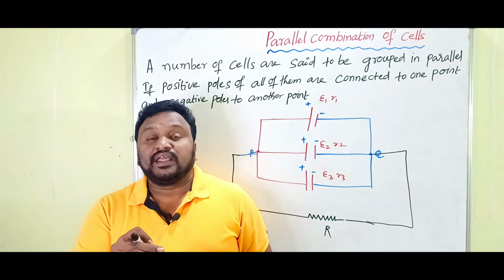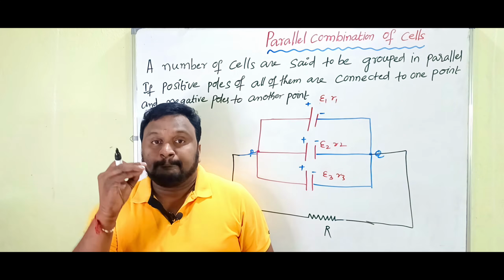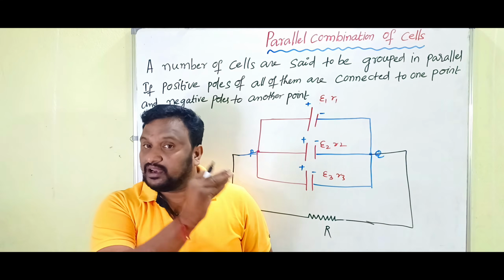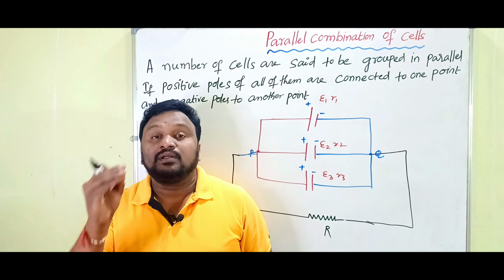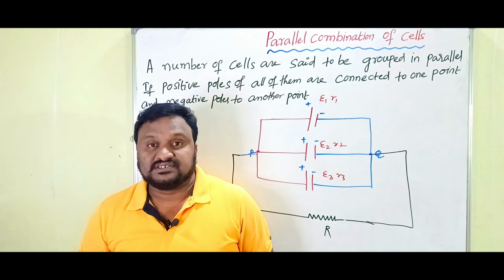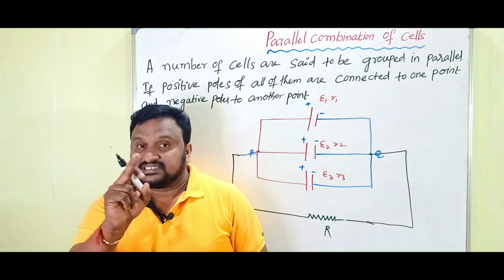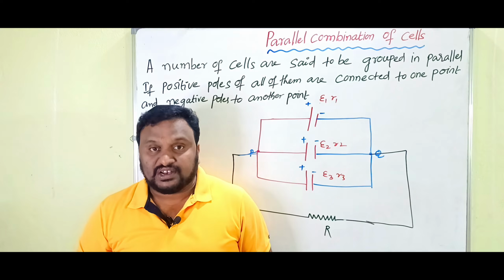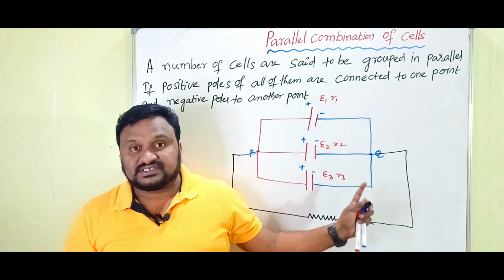That's why, if external resistance is less, we can prefer parallel combination. If external resistance is more, we can prefer series combination of cells. I already uploaded a video for series combination of cells, available in the channel, and I will give it in the description also.